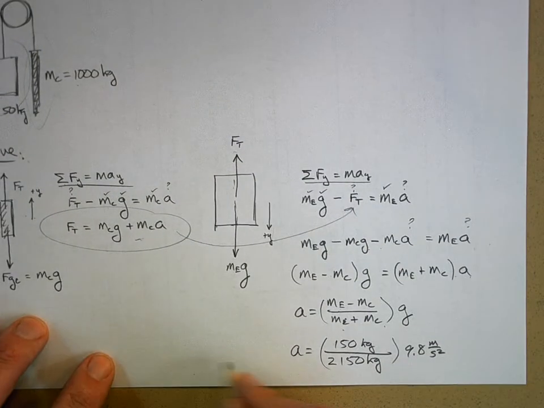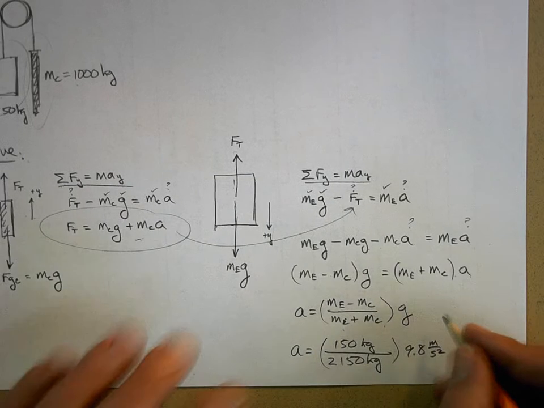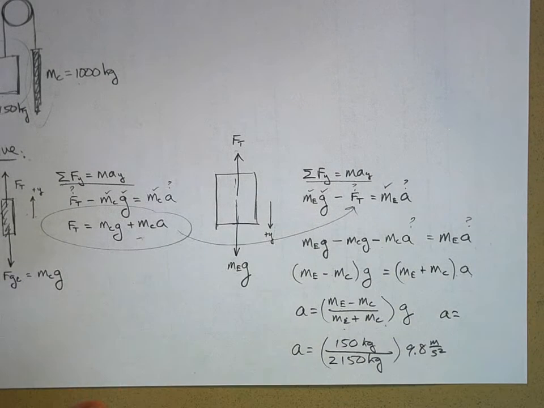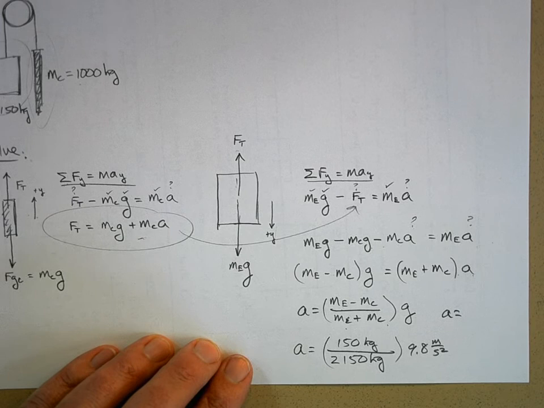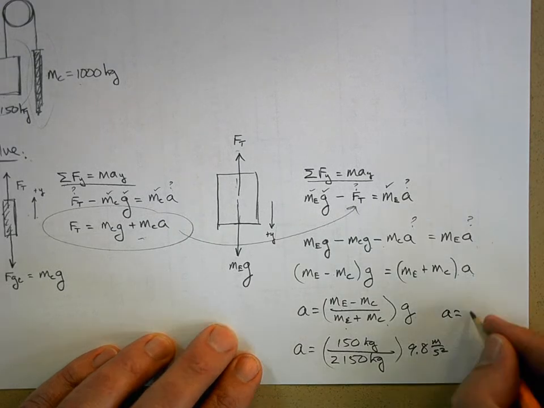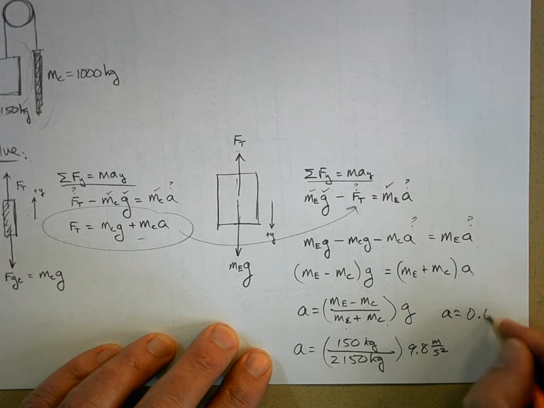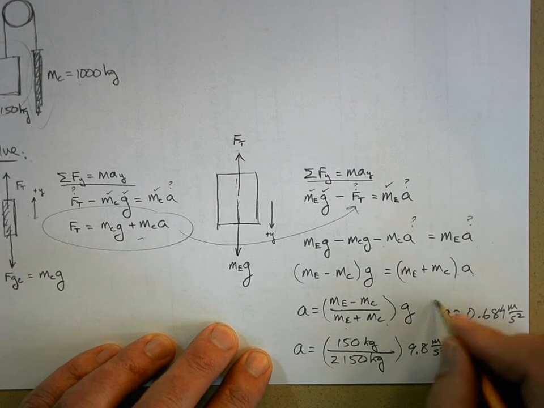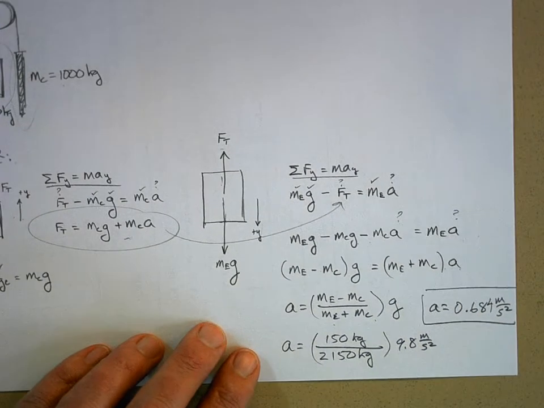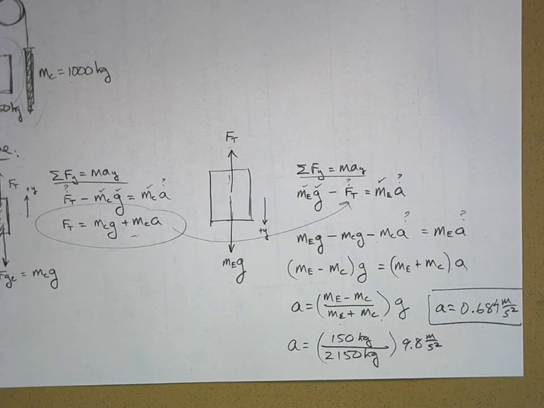I'll squeeze it in here. A equals 150 divided by 2,150 times 9.8, and I get a nice gentle 0.684 meters per second squared. That is the acceleration of the elevator down. That's a very nice acceleration.